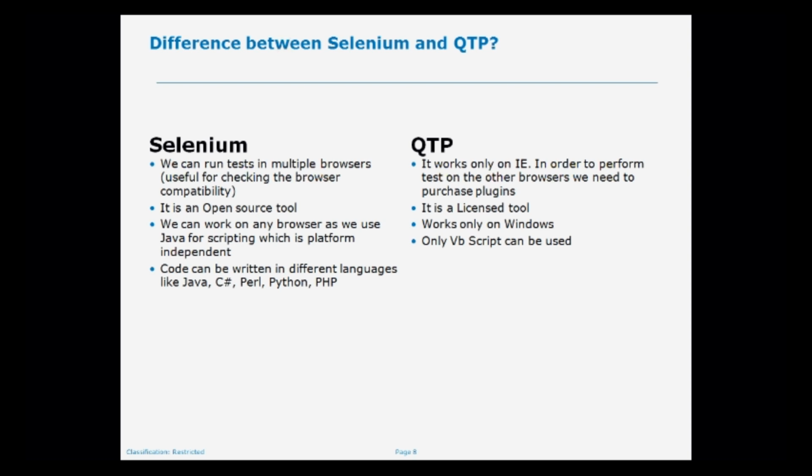But when it comes to QTP, it is a licensed tool. So you have to purchase the license, and obviously we have to pay HP something like lakhs of rupees.